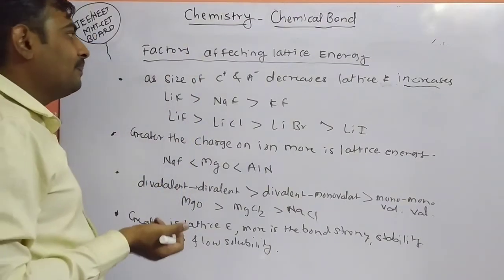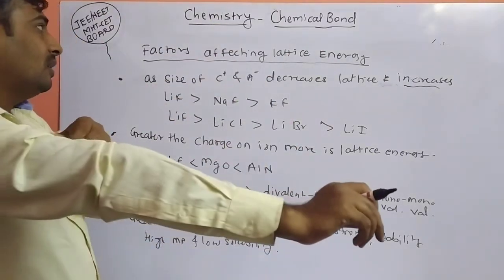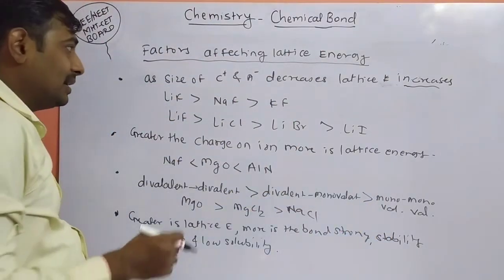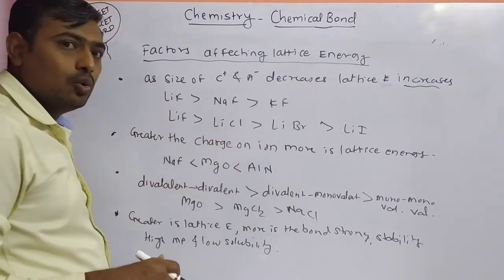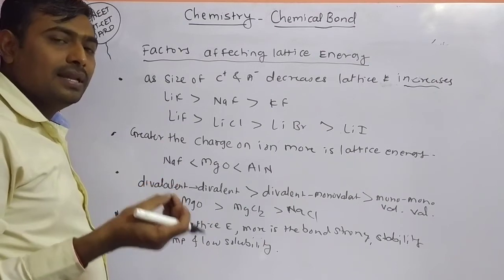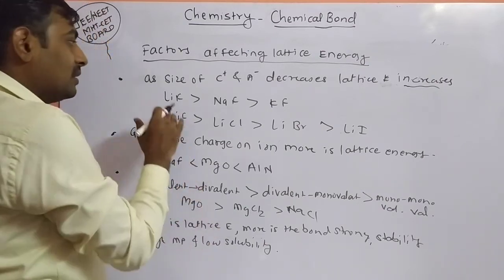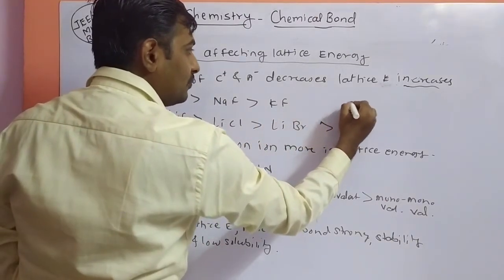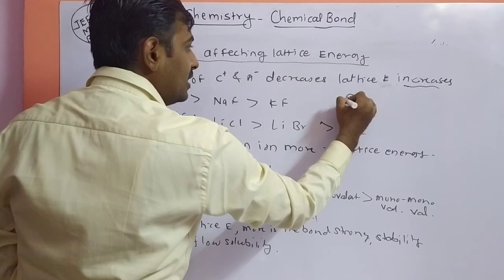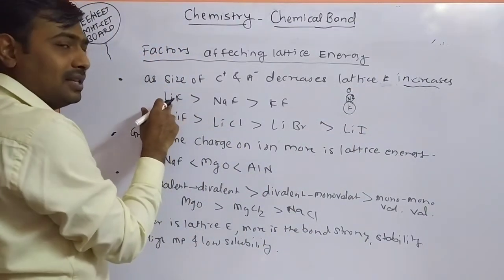First, the factors affecting lattice energy. As the size of the cation and anion decreases, lattice energy increases. When a substance is very small, the energy required for breaking it is very high. Same here with lithium, sodium and potassium. Potassium is larger in size than sodium and lithium, so as the substance is smaller, the energy required is larger.